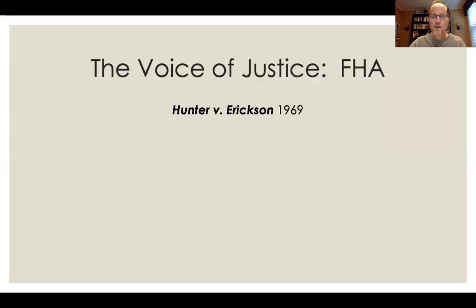This case would be overturned effectively by what was called the voice of justice, the Fair Housing Act. So the Fair Housing Act would prohibit, in renting and purchasing a place to live, discrimination based on race, religion, and sex. It would later add family status and a few other areas like disability. But Congress passes something.